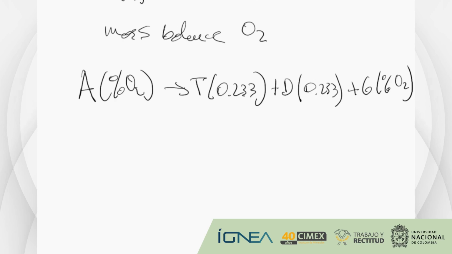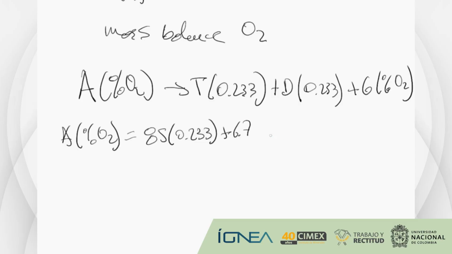If we replace the values here, we say that percentage O2 is 85 kilograms, or 0.233, plus 6.7, the same number, and the quantity of oxygen in the gases. This is the number we have here.